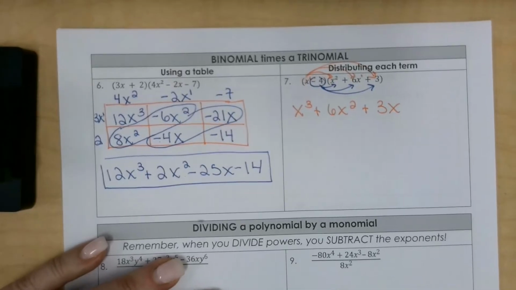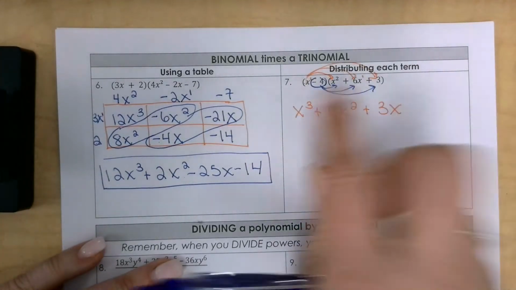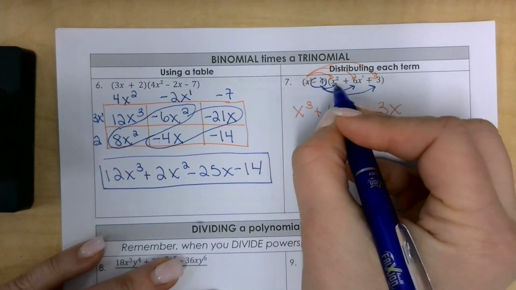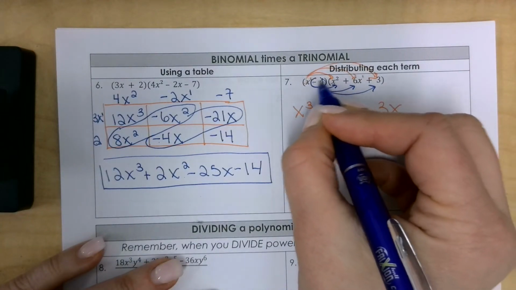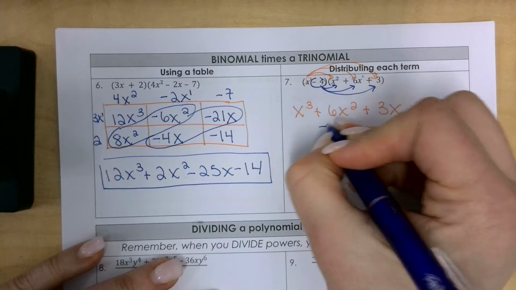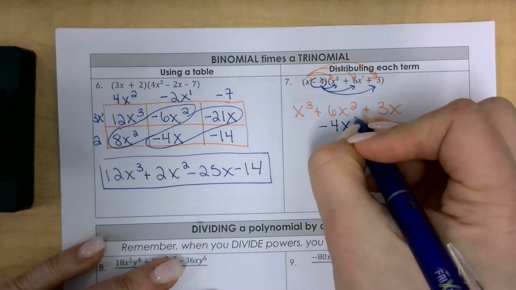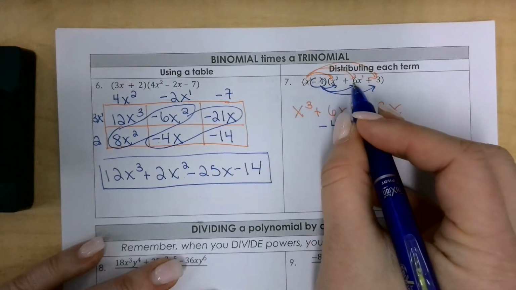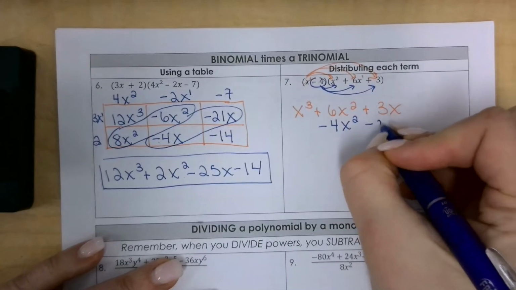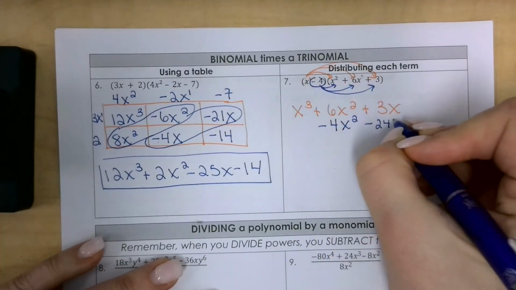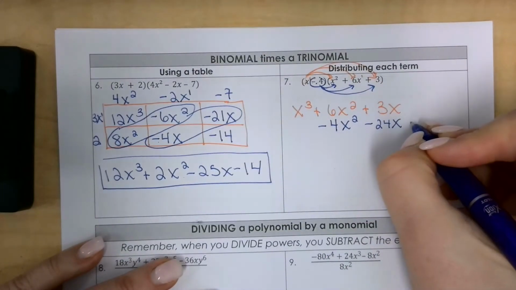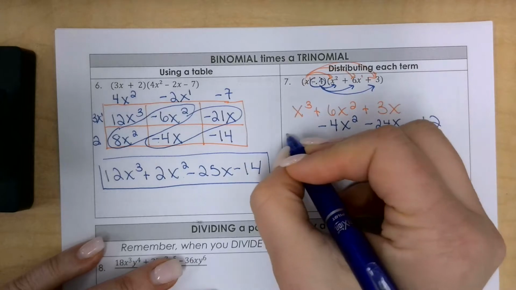Now you're going to notice with this that I'm going to skip this line and go here. Negative 4 times 1, negative 4x squared. And I'll put it right under my other like term. Negative 4 times 6 is negative 24, and it's just going to be the x. And now I have negative 4 times a positive 3, which is negative 12.